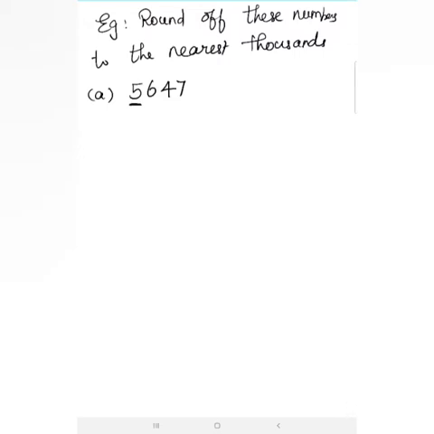Then you have to find the next digit, that is, the digit before it. So you just see the hundreds place.